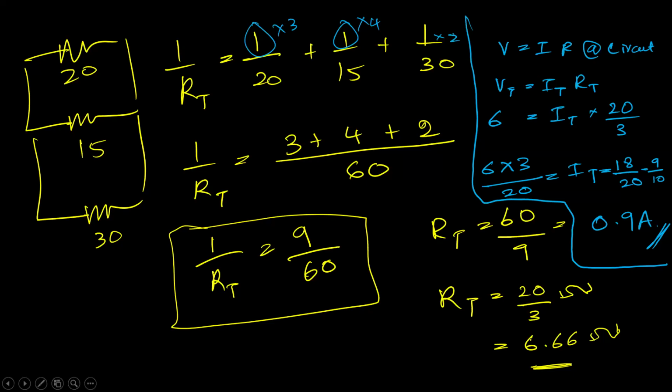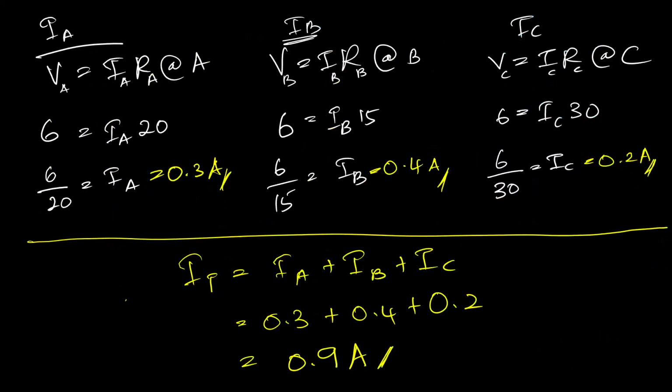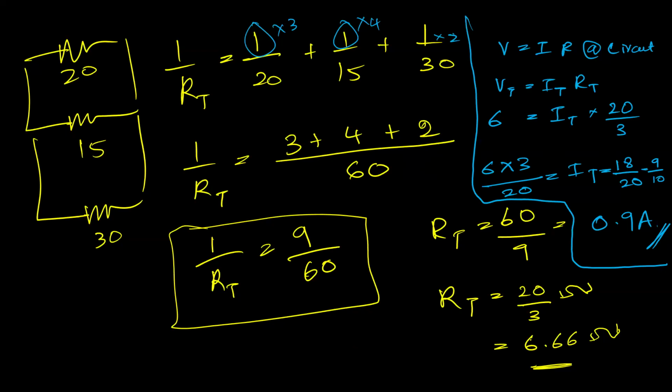With the short method we got the I total, but here we can't find the IA, IB, IC individually. So if they ask for IA, you have to use V equals IR at A, and you have to get the IA, then IB, then IC. Then I total, if they give, you can add and get it, or you can do this short method which I gave you. Not short method, it's a normal method.